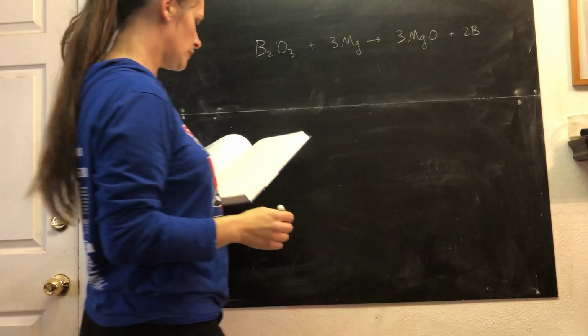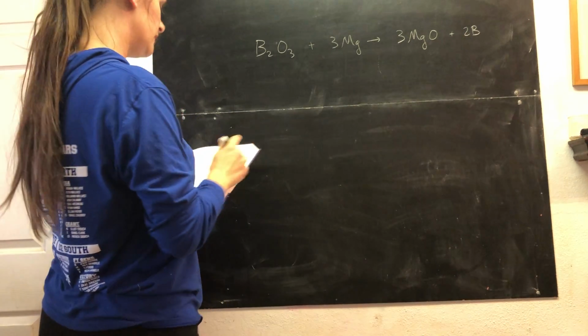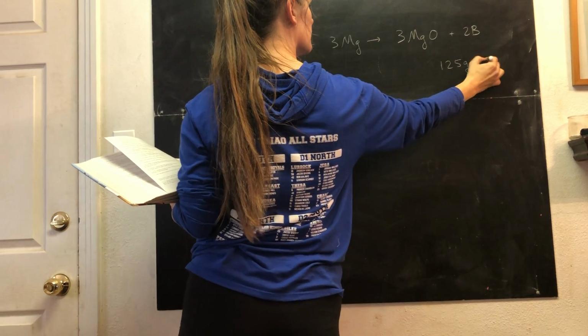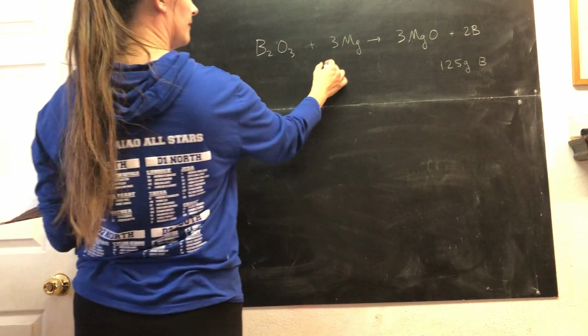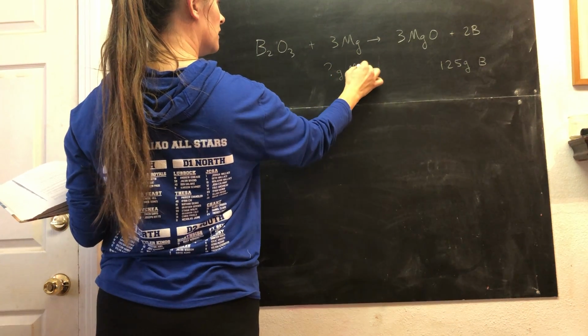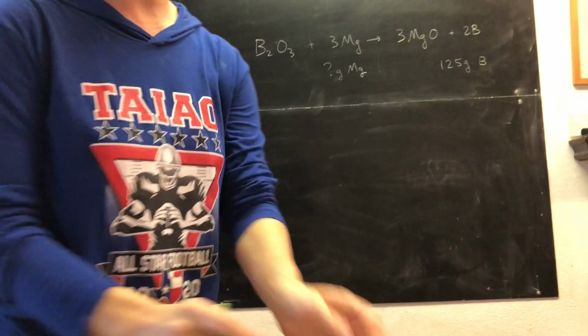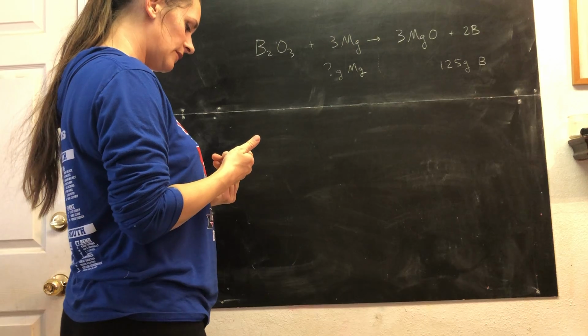So they've already balanced it for you. He wants 125 grams of boron. How many grams of magnesium will he need? Okay, these are a bunch of chemicals we've never used before, but using our periodic table we can figure all this out.